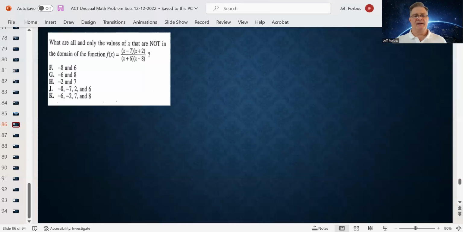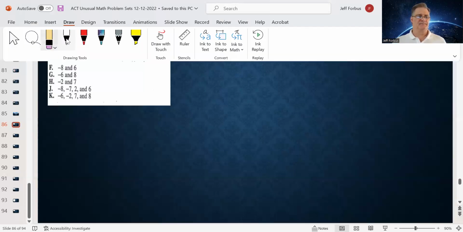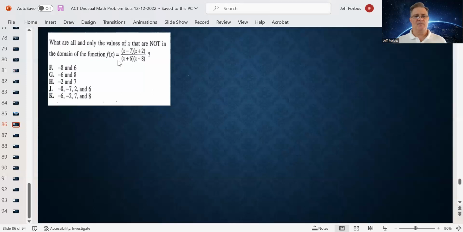Well, what we need to do is look at the denominator of the fraction. So we know we have x plus 6, that factor, and the other factor is x minus 8. Now, what number can we substitute into x plus 6 to make a 0?